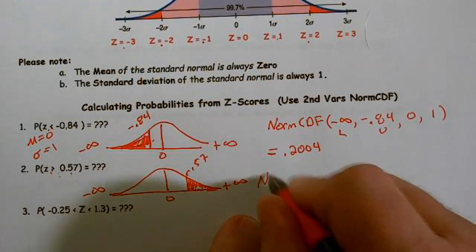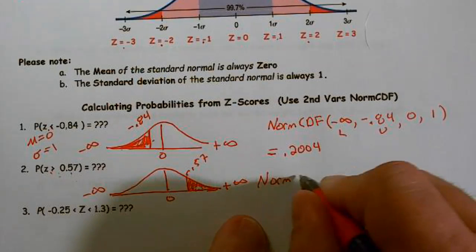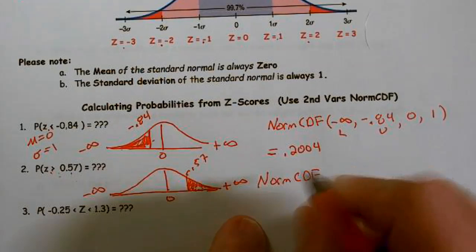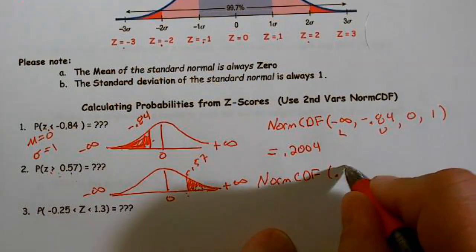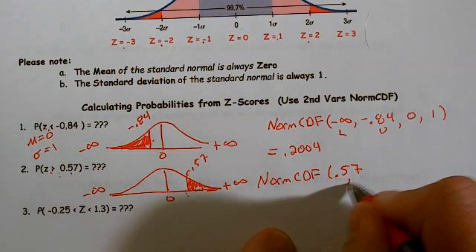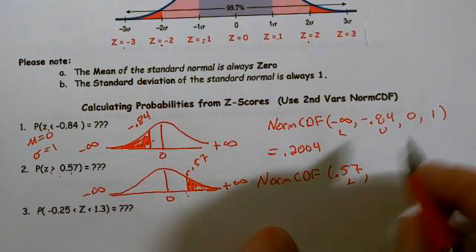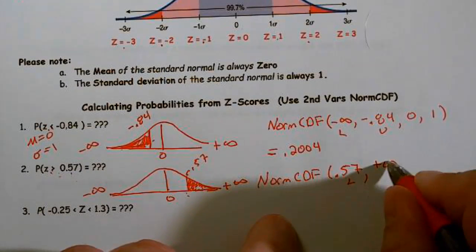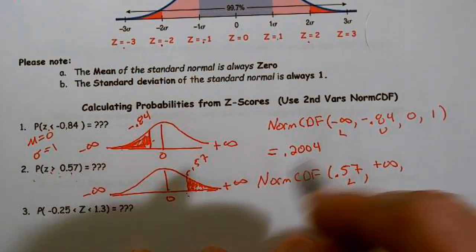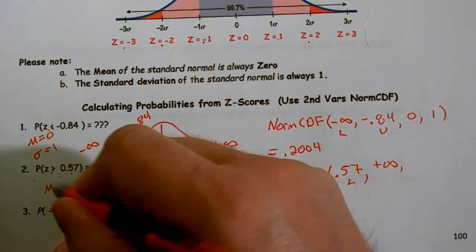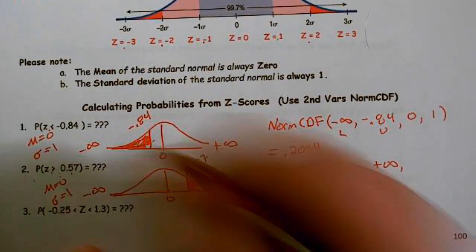Well, we're working with a normal because it's a z-score, so normal CDF. The lower part of my shading is 0.57. The upper part of my shading is positive infinity. It's a z-score, and all z-scores have a mean equal to 0 and a standard deviation equal to 1.